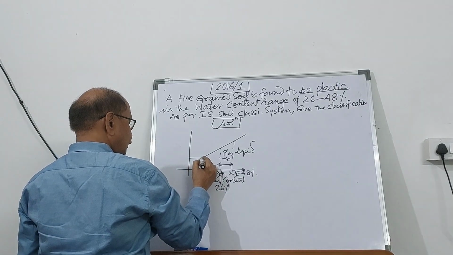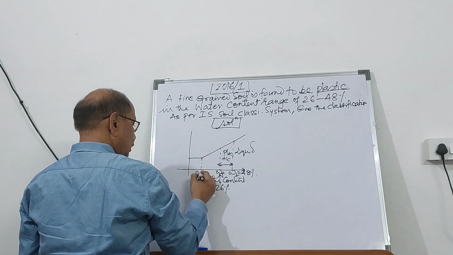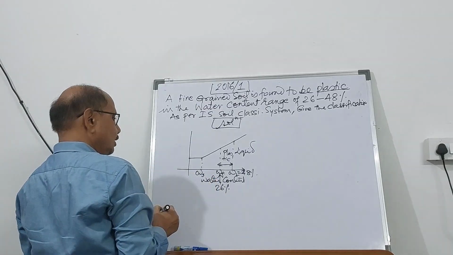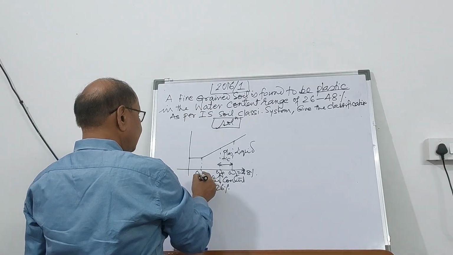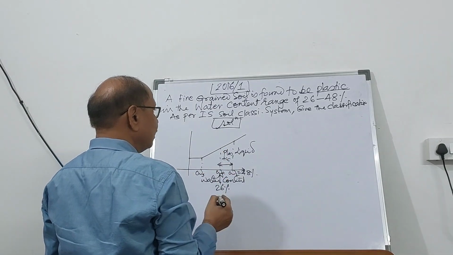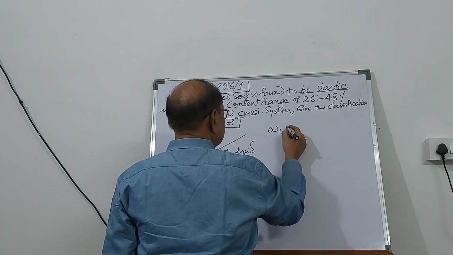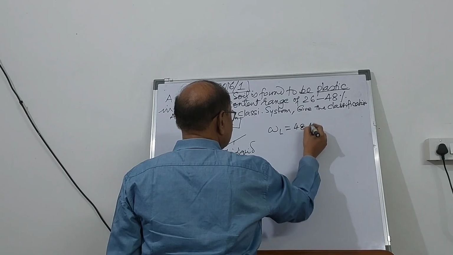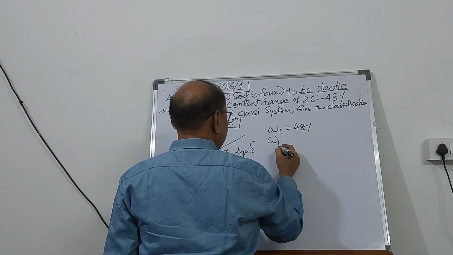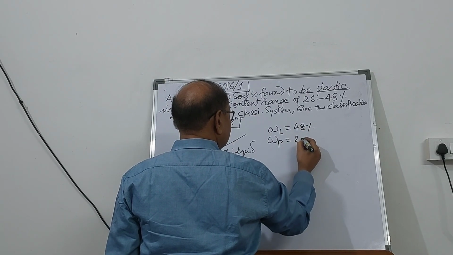And this is called the shrinkage limit. So shrinkage limit, plastic limit, liquid limit. So here in this problem, the liquid limit is 48%. Plastic limit is 26%.